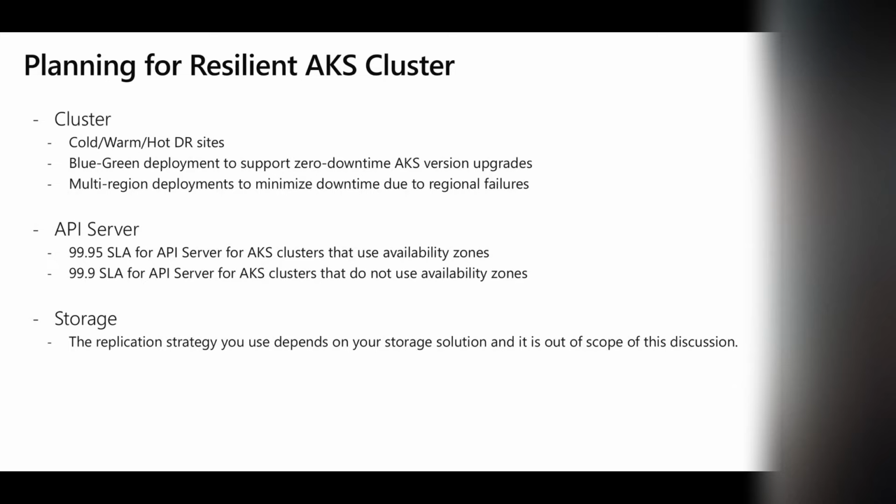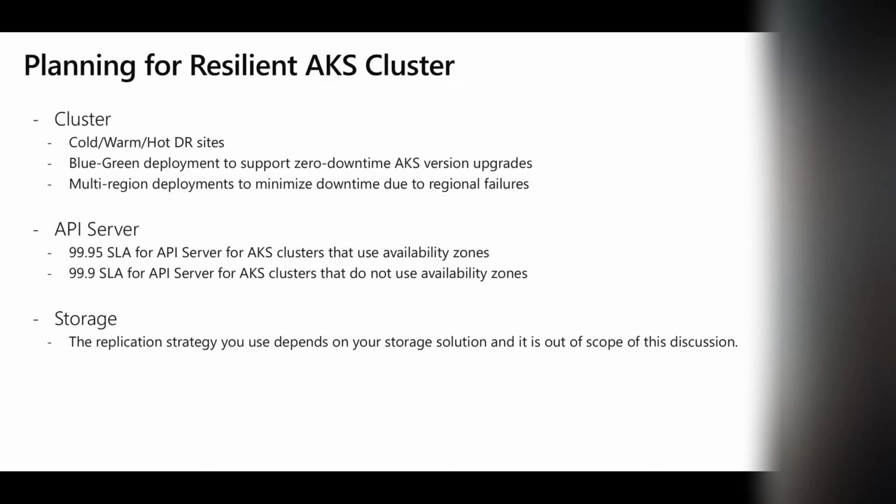In regards to the API server, it's very important. AKS gives you the option: if you are using availability zones, it gives you a 99.95 SLA for the API server. If you are not using availability zones, it gives you a 99.9 SLA for the API server cluster. So that's that. And as I said, for the storage, we already talked about it.